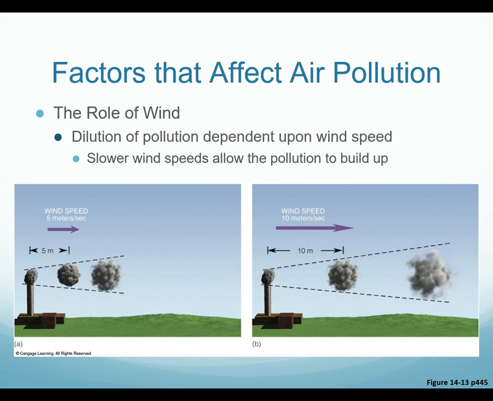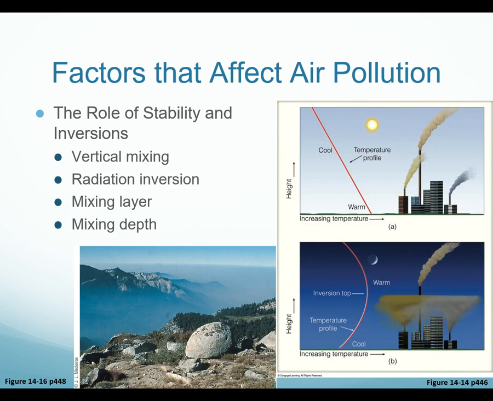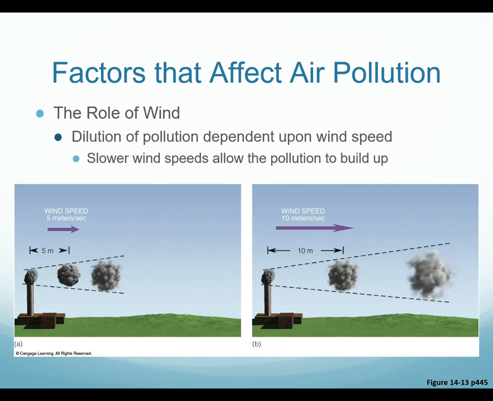So, the first factor that we're going to look at is the role of dilution through wind. Here in the figure on the left, you have a bunch of pollution in a smokestack. If the wind is really slow, then that pollution just kind of hangs out here.